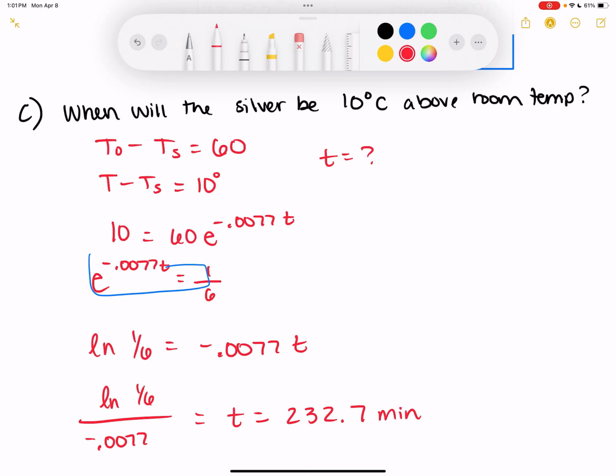If you wanted to convert it to hours, you could, but considering everything else was pretty much done in minutes, I would just leave it in minutes. The book gives the answer both ways, so either way is fine.